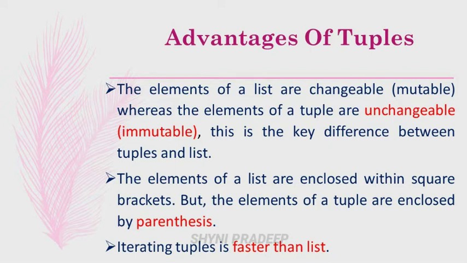This is the key difference between tuples and lists. And the elements of a list are enclosed within square brackets, but the elements of a tuple are enclosed within parentheses. The third point is that iterating tuples is faster than lists.